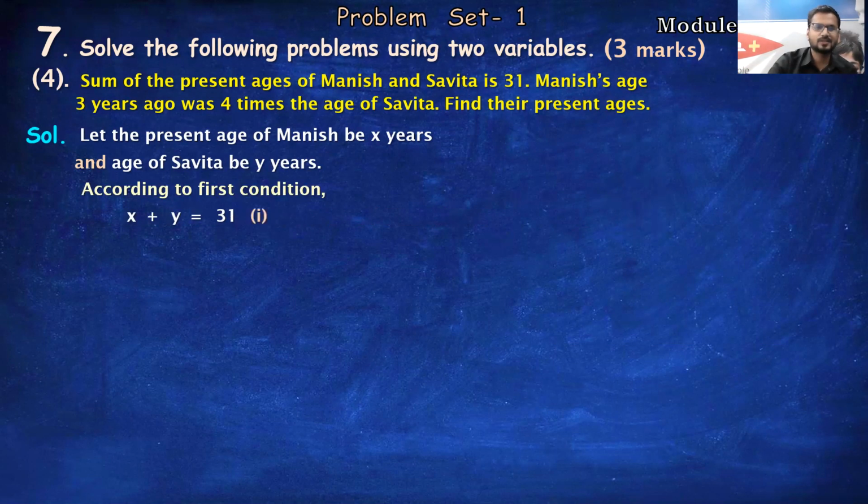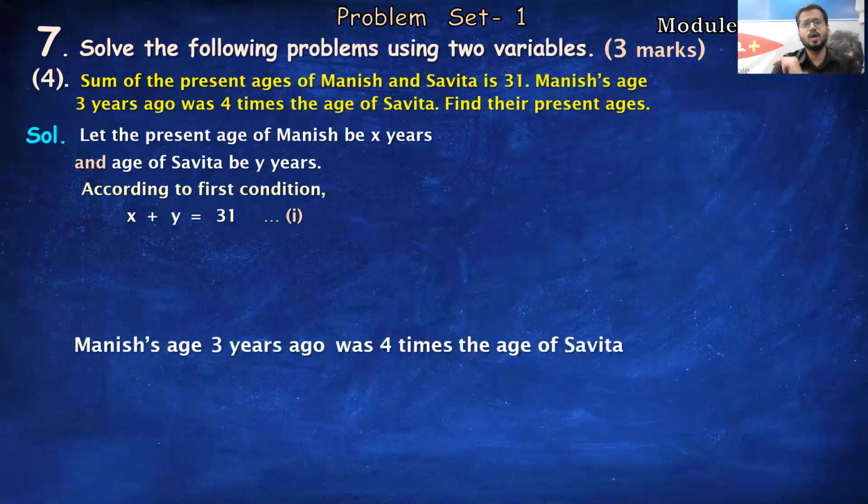Second condition, let us check. Manish's age 3 years ago was 4 times the age of Savita. Now let us say, students, Manish's age today is 20 years. So what should be his age 3 years ago? Should we add or subtract? 3 years ago, 20 minus 3, that is 17, right? Let's say Savita is 30 years.